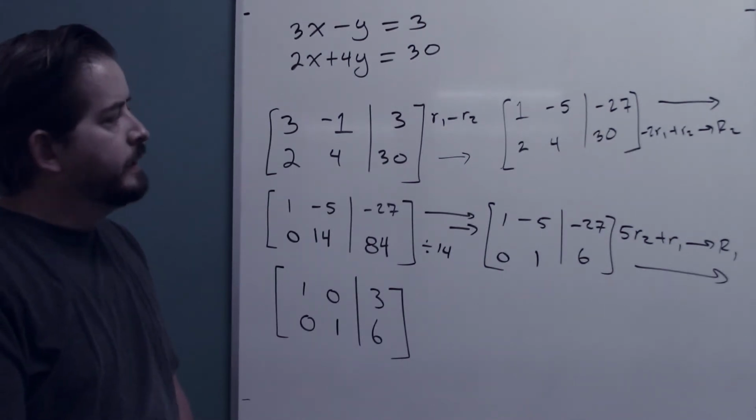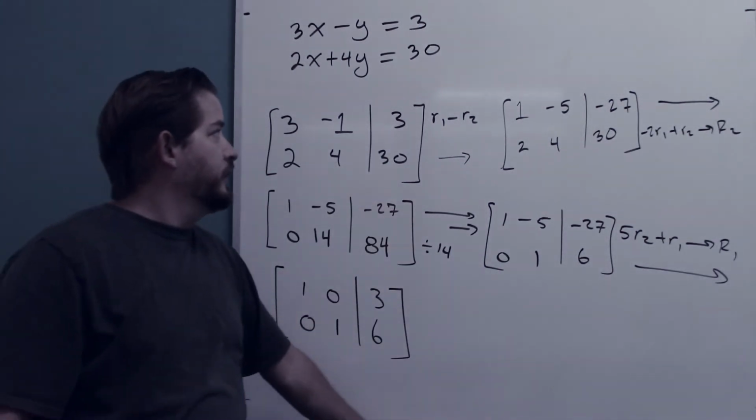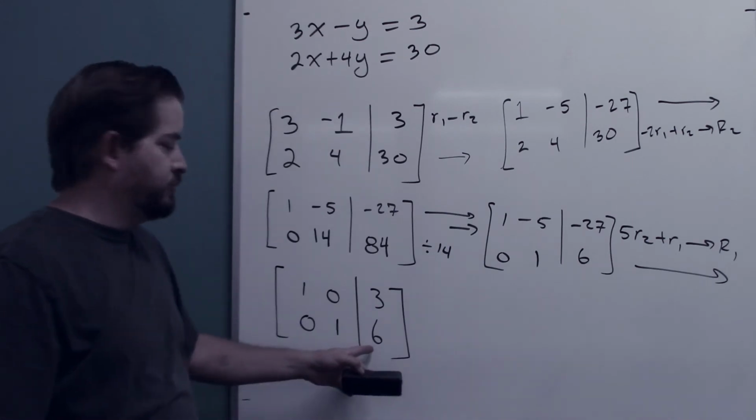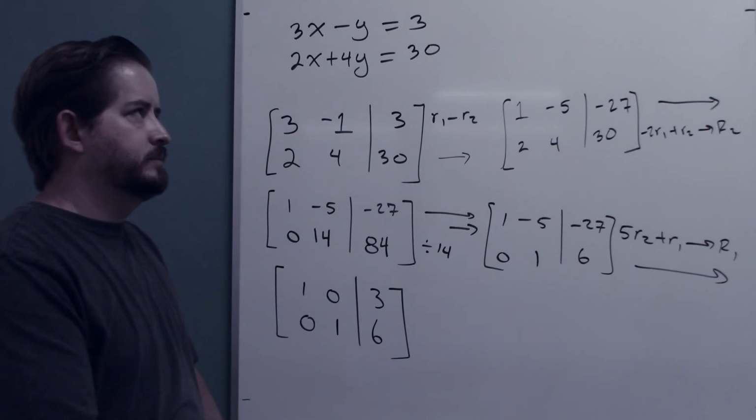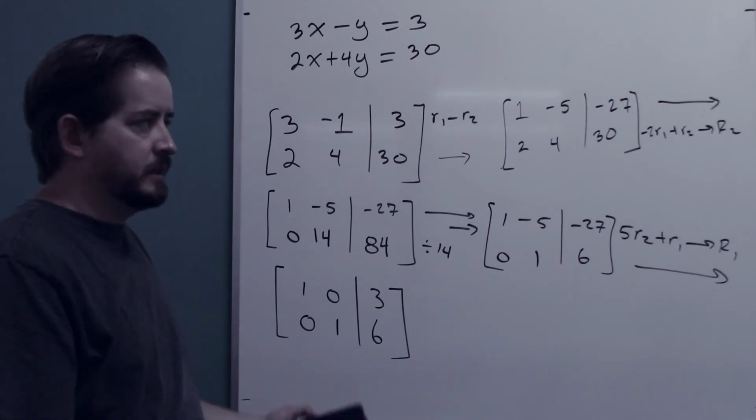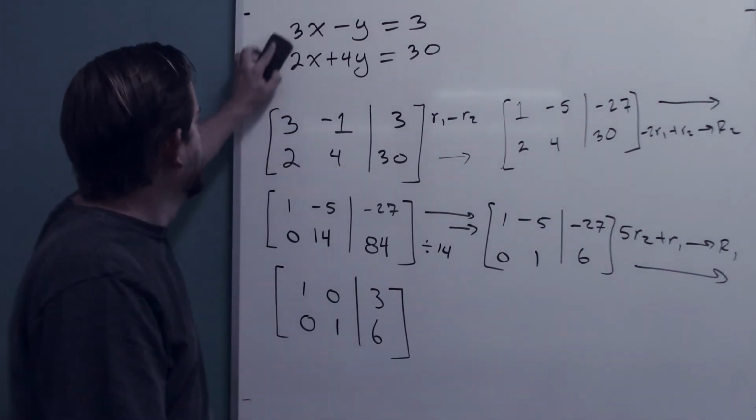Okay. In all of these examples so far, we were lucky enough to avoid fractions, and there's many ways that you can play around and avoid fractions until a certain point.